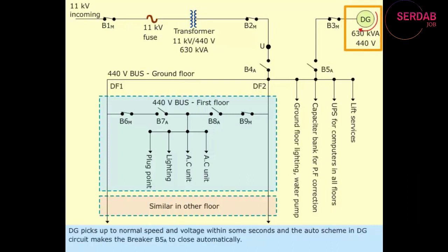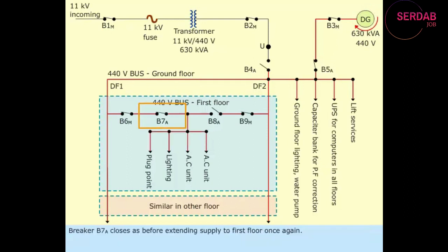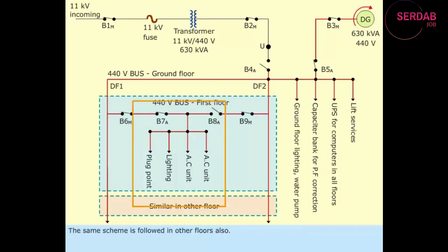DG picks up to normal speed and voltage within some seconds, and the auto scheme in DG circuit makes the breaker B5 sub A to close automatically. Breaker B7 sub A closes as before, extending supply to first floor once again. The same scheme is followed in other floors also.